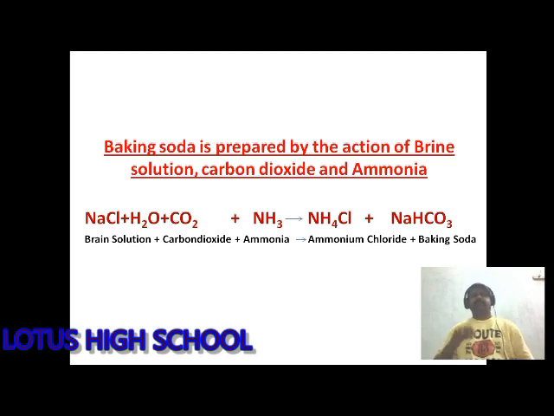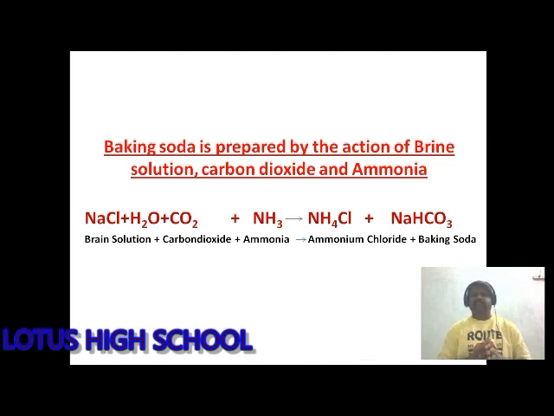Sometimes a question will be like this: when the brine reacts with carbon dioxide and ammonia gas, what are the products? The products are NH4Cl and baking soda. What is the name of the process for extracting baking soda? The answer is the Solvay's process. What is the chemical formula of brine solution? NaCl plus H2O.